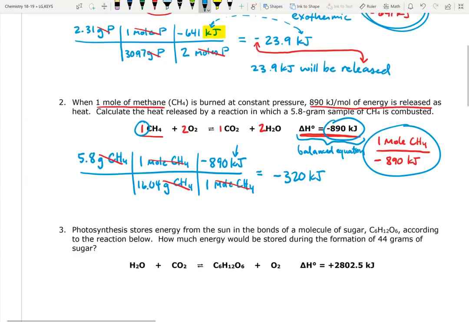And so calculate the heat released by a reaction. There again, the word released means we should see a negative sign with our answer, and we do. So you could write your answer as negative 320 kilojoules, or if you wanted to write it as more of a sentence or explain it a bit more, you would say 320 kilojoules of energy are being released.